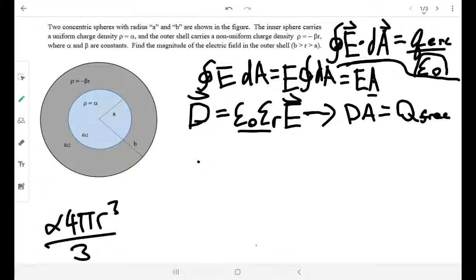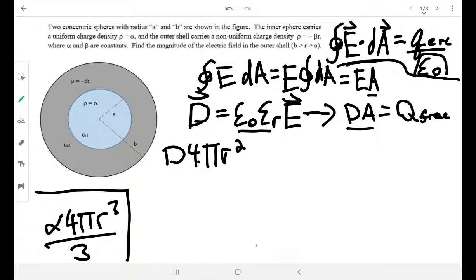So, knowing what Q free is, I can rewrite my equation with dA, and I'm going to rewrite A as the surface area of our Gaussian surface, which is 4 pi r squared, and that is going to be set equal to our Q free, which is alpha 4 pi r cubed, all over 3.